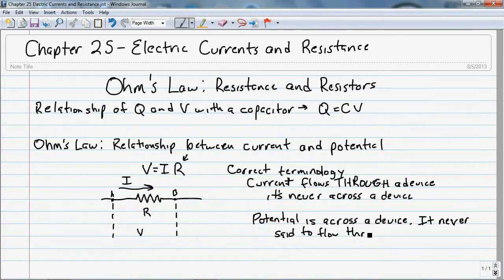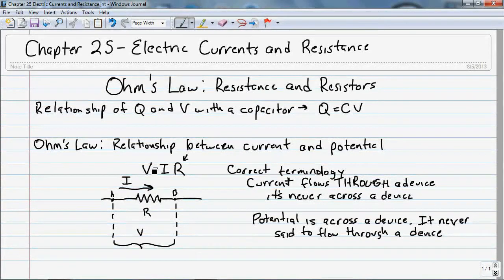And students will tend to get this messed up, and even engineers will tend to get this messed up. And it's just good to have the correct terminology when you're talking to any engineer. If you ever go on a job interview, they're going to look to see if you're using the right terminology. So the current flows through, the potential is across.